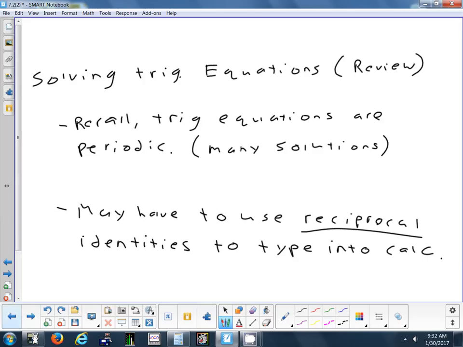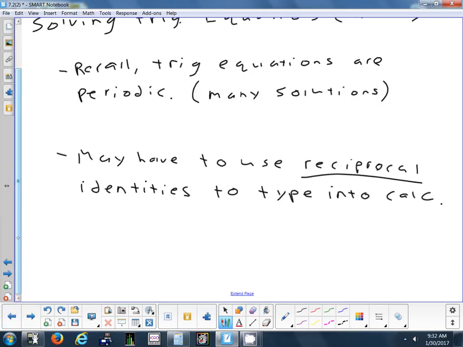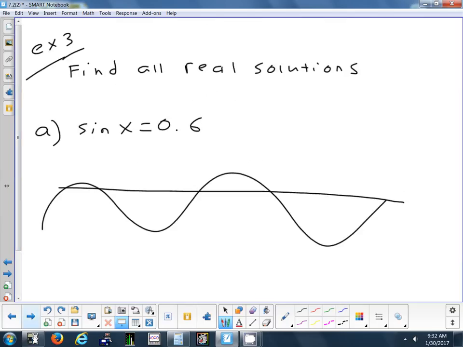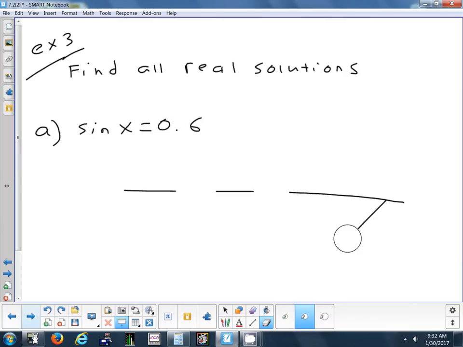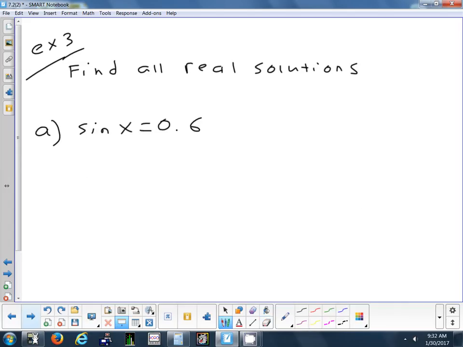All right, so let's try a problem. This one is asking us to find all solutions. So the first step, 2 things we have to think about. Sine is equal to a positive number.